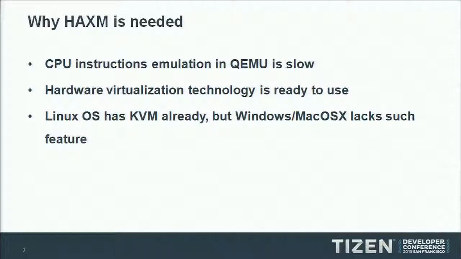The most famous ones are the Intel VT technology and the AMD virtualization. And the third reason, on Linux OS, KVM is very popular, and the Tizen SDK emulator can easily utilize KVM as the hardware virtualization solution. The performance is pretty good, but Windows and Mac OS still lack such a feature.